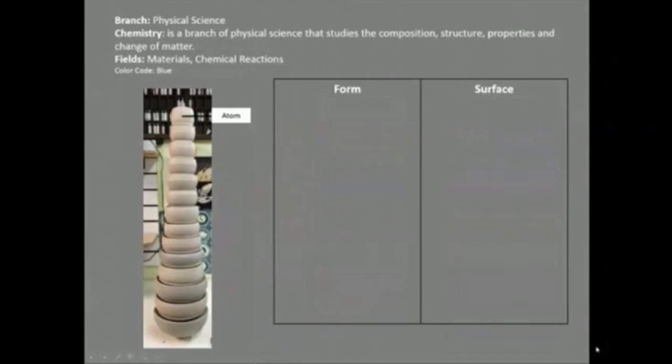So the field's already giving us some visual language to work with here.